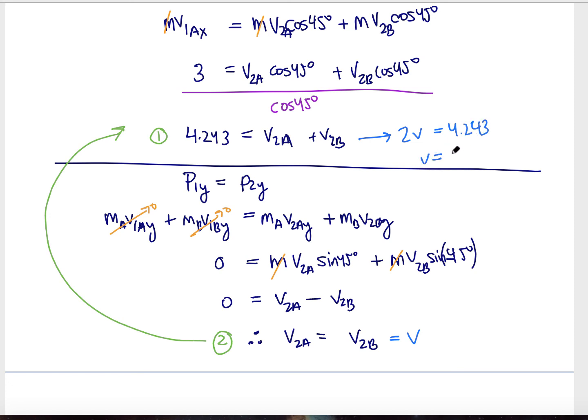Therefore, velocity, which is equal to v2a and v2b, these are the speeds of each, is going to be 4.243 divided by 2, which is 2.12. We'll round it a little. So this right here is our answer, and that is just the speeds that we're looking for.